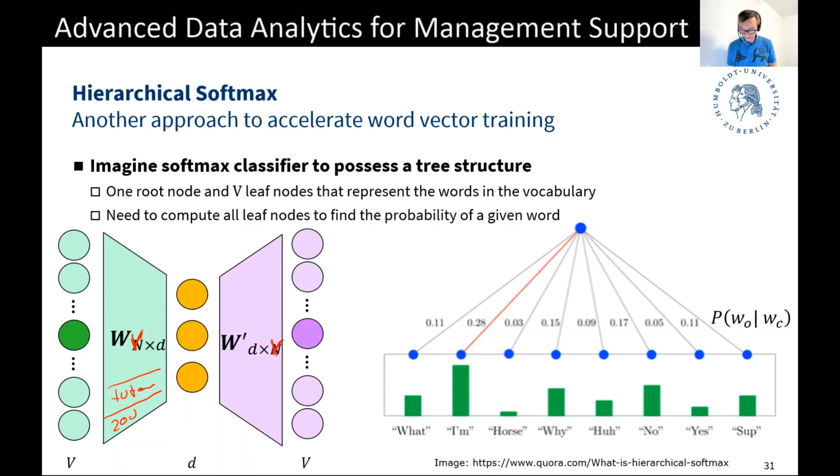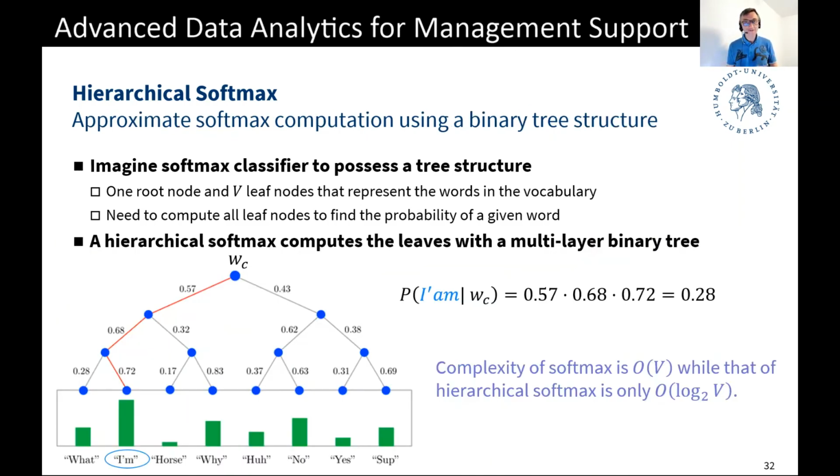And we have two of these in ordinary word2vec. In hierarchical softmax, we give up on that. We have one word vector for every word, and the other one, W prime, the hidden to output matrix, we assign a different role compared to what it was before. Slightly different role for W prime.